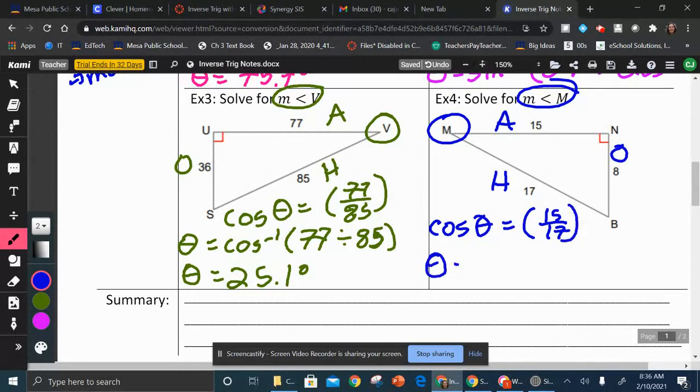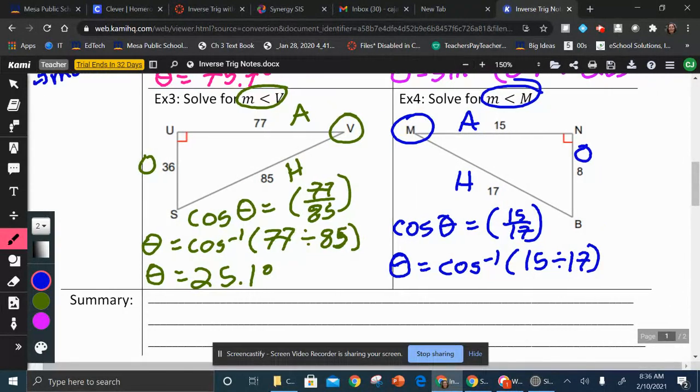So theta is equal to inverse cosine of 15 divided by 17. And when I put that in decimals.com scientific, I get 28.1 degrees. Okay, everybody remember when we're entering answers in Canvas, we just put in the numbers. Okay, everybody got this?